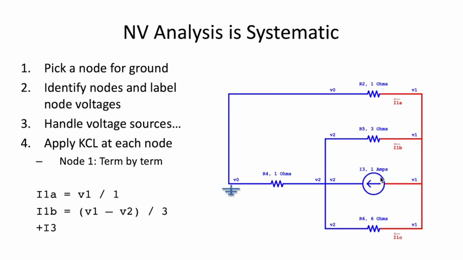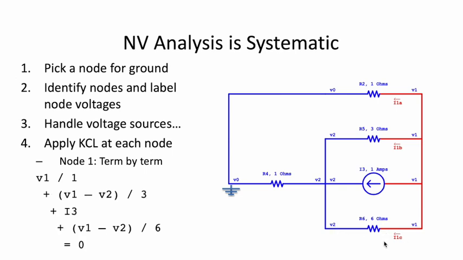In this case, it would be 1 amp. Last term. Here we have V1 minus V2 divided by 6. That's our I1C. Add all those currents up. They're all formulated going out of node V1. Set those equal to 0. There's your first equation.